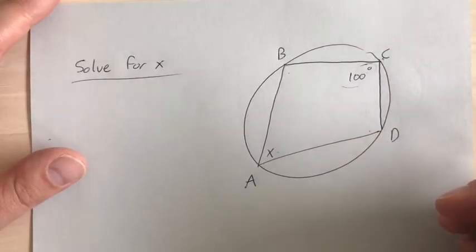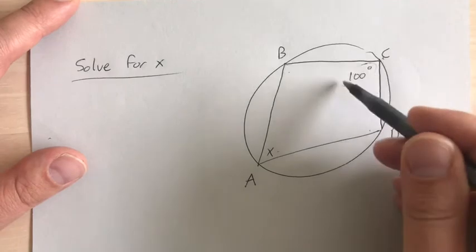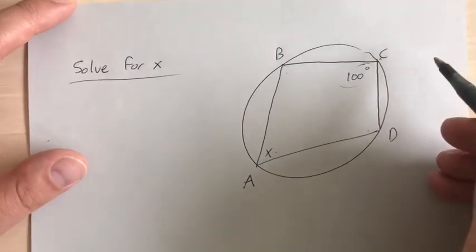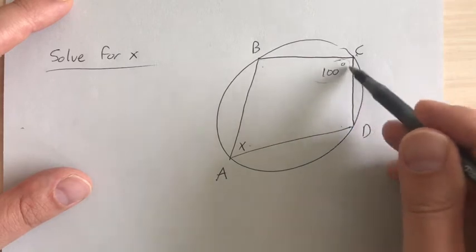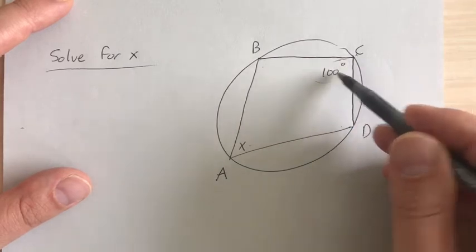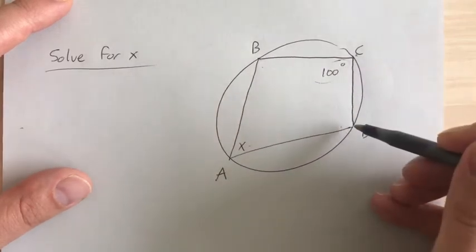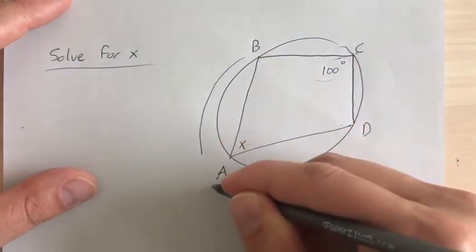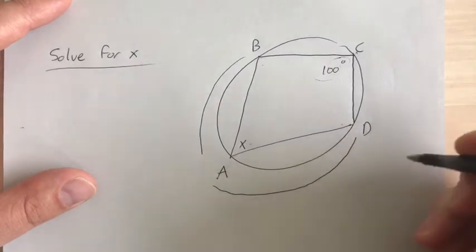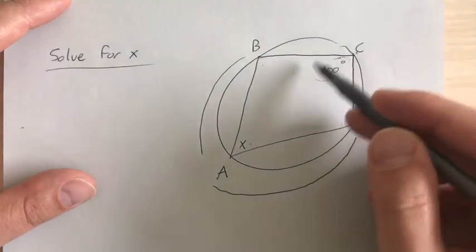So let's go back to what we did last time. 100 degrees is an inscribed angle for which arc? Where are the arms of this angle pointing towards? B and D, right? So this arc here, from here all the way around to this point D, is what it's pointing to.